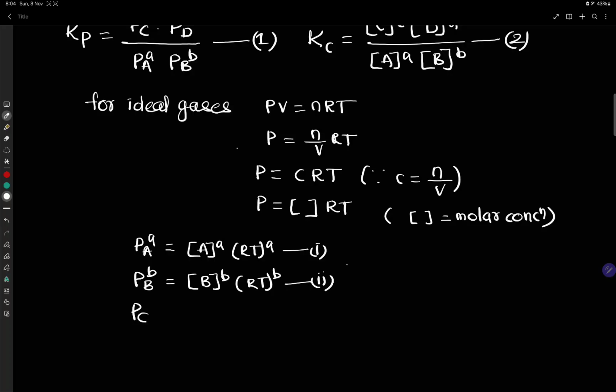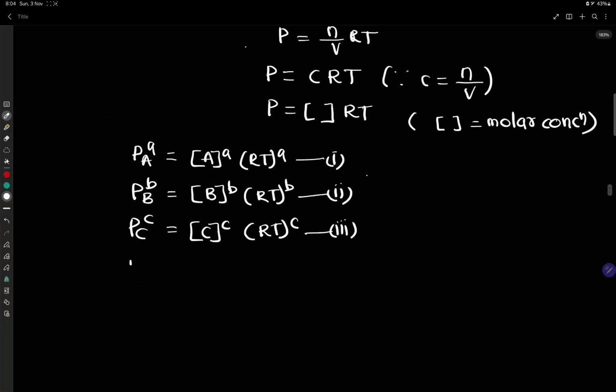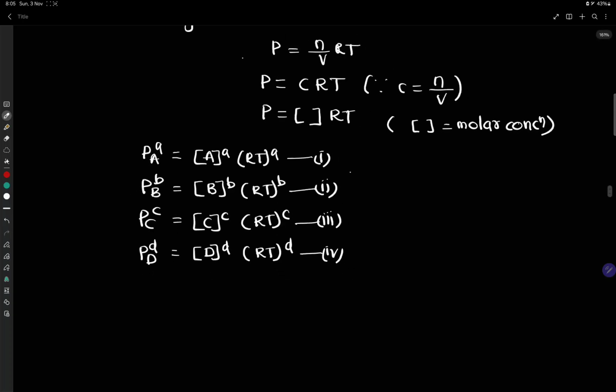Partial pressure of C power c becomes molar concentration of C power c into RT power c. It is 3. Then partial pressure of D power d becomes molar concentration of D power d into RT power d. It is equation 4.